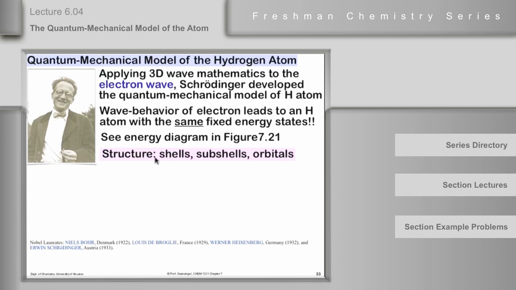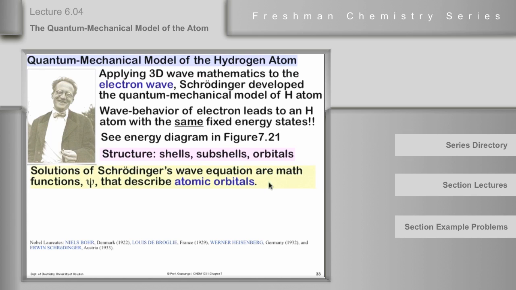And the fine structure of the hydrogen atom, according to Erwin Schrödinger, was that there were shells, and within the shells there were subshells, and within the subshells there were the ultimate state where the electron could be, orbitals. And these things were named orbitals, I gather, in deference to Bohr's orbits, but they're not at all like Bohr's orbits. The only place where they are similar to one another is they all have the same energy. Each one has the same energy as its Bohr counterpart.